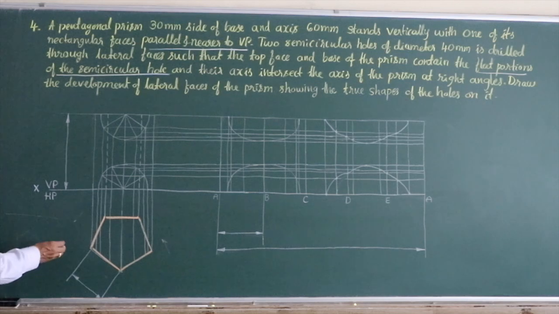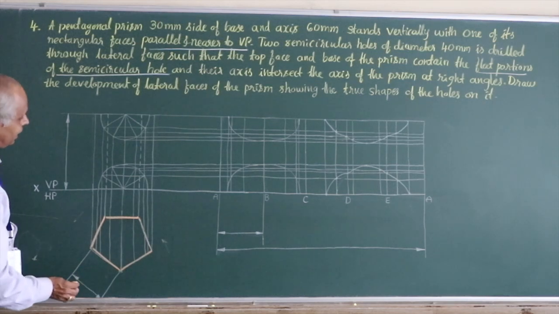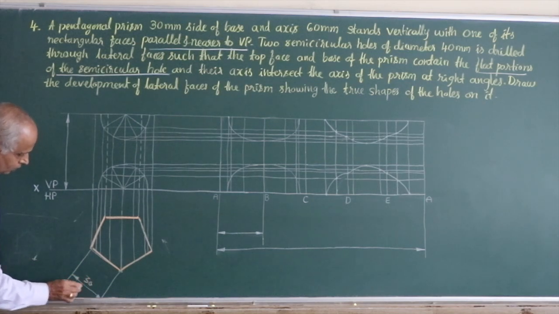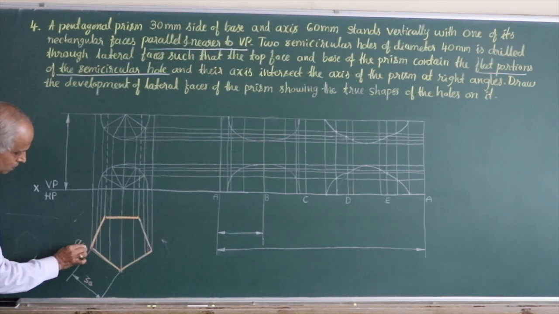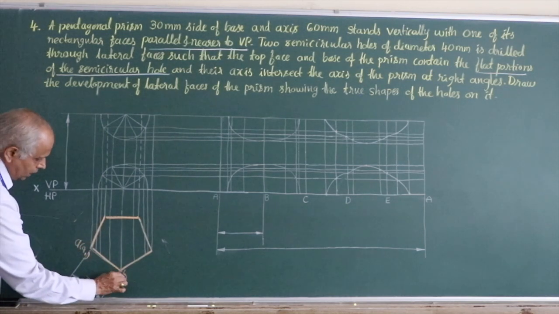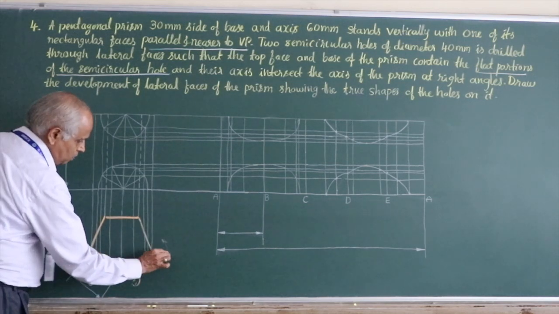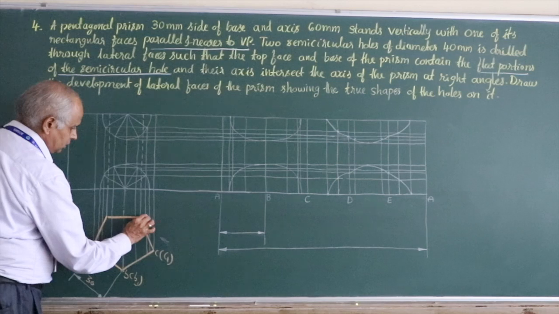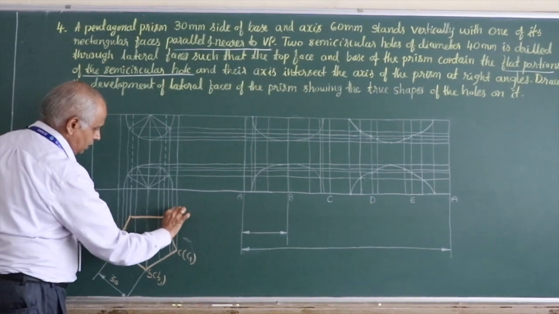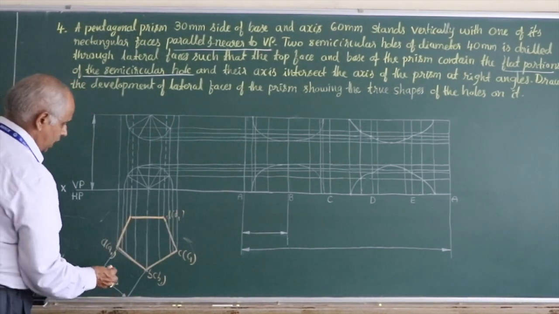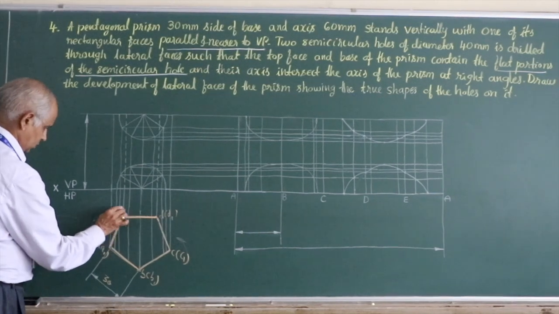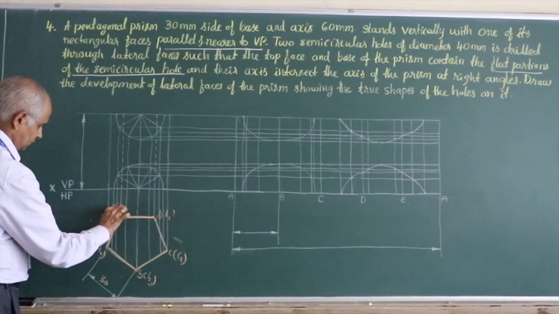Then name these points. Of course, the side of the pentagon is 30 mm. Name this A at the top, A1 at the bottom, B at the top, B1 at the bottom, C at the top, C1 at the bottom, D, D1, and E, E1.